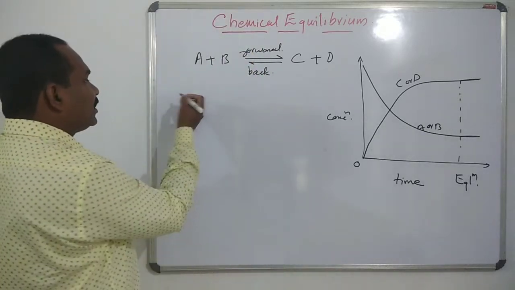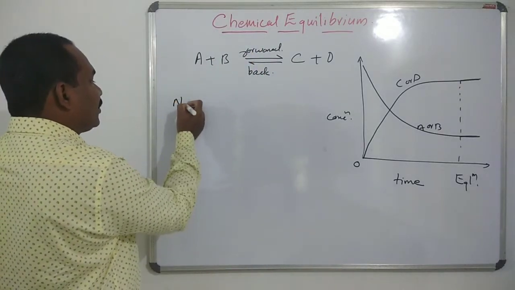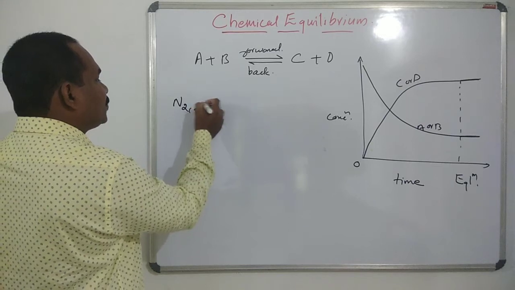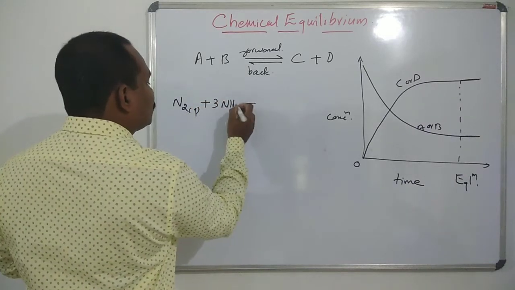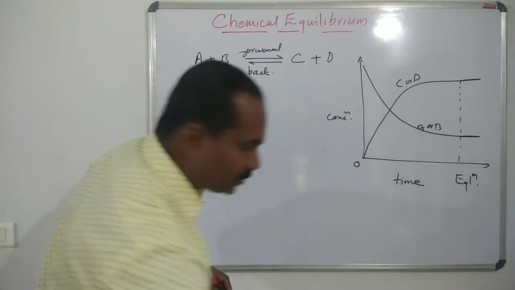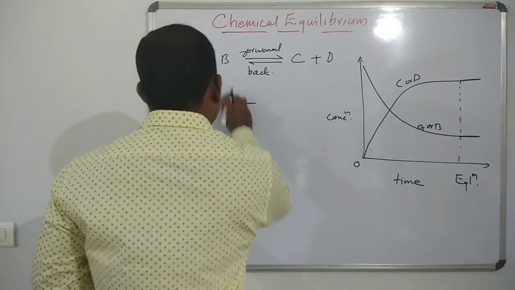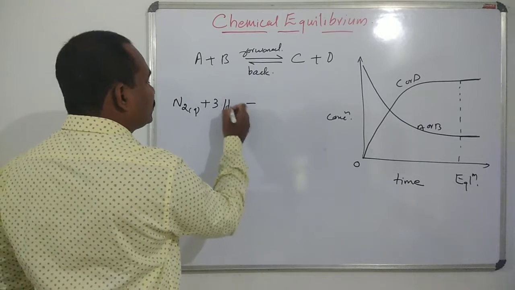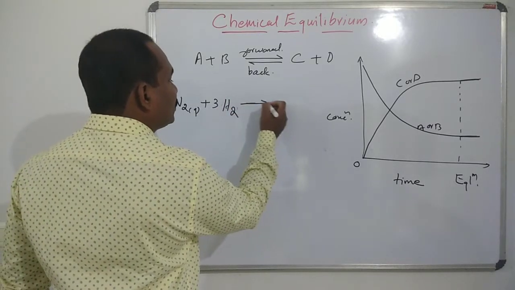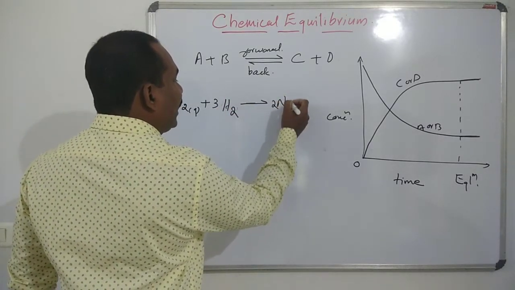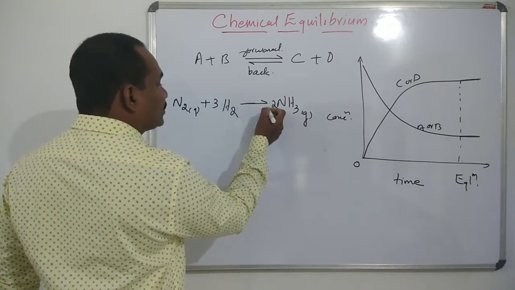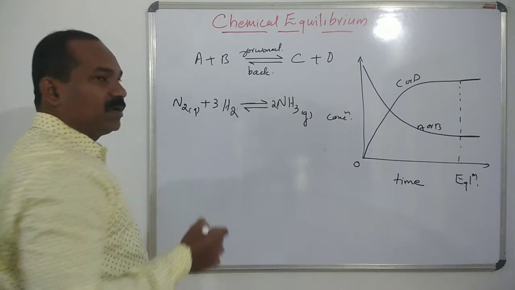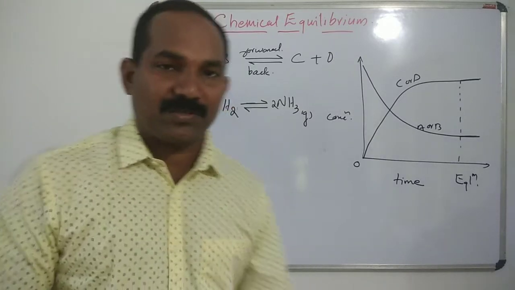Again we consider another chemical reaction: N2 gas plus 3H2 gas gives 2NH3 gas. And ammonia gas decomposes to give nitrogen and hydrogen.